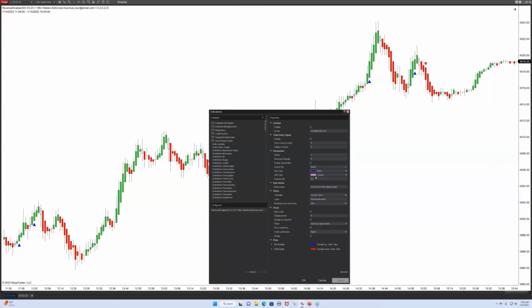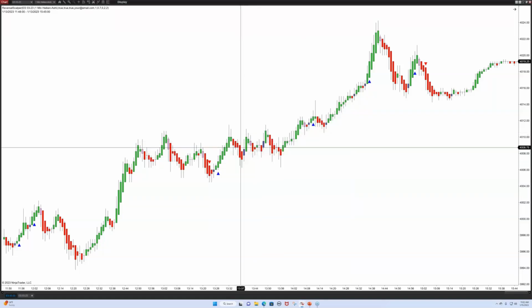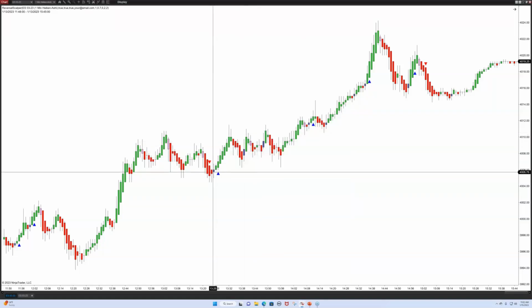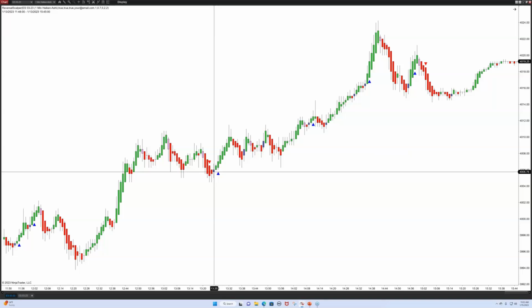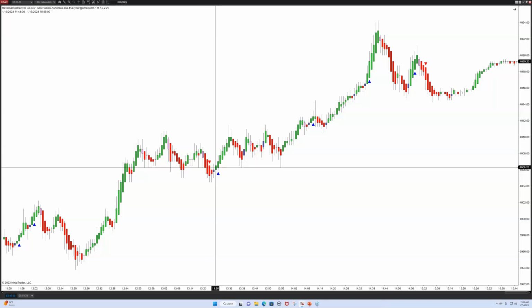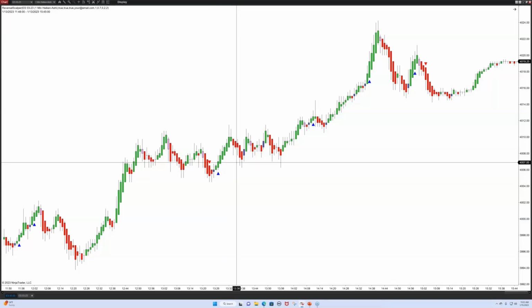It might be a little hard to see with the color, so I'll make it a little bit stronger. The orchid and the navy colors, that's the validity bar. That's telling you that a reversal is starting here, based off of what it's analyzing in the order flow that's been happening.